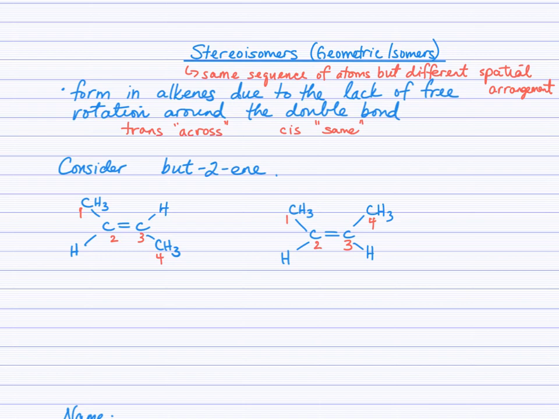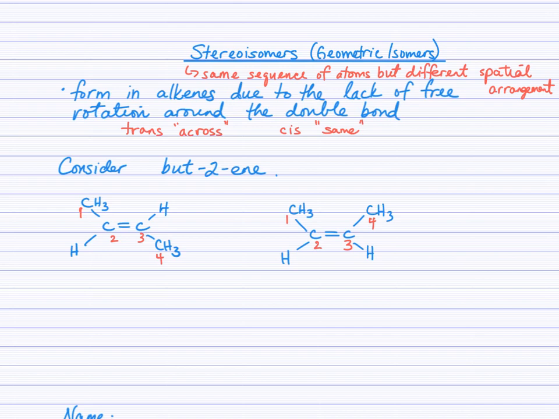The reason that spatial arrangement can be different is that there is a lack of free rotation around the double bond. So the focus for us will always be the carbons of the double bond when we look to decide and understand cis and trans isomers.